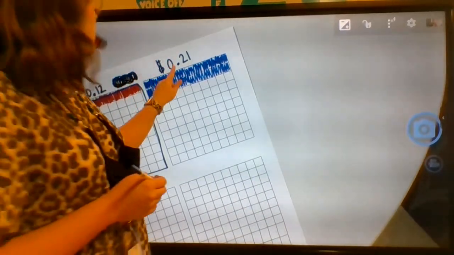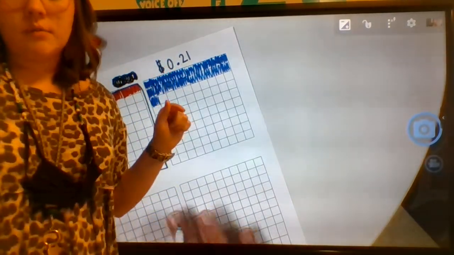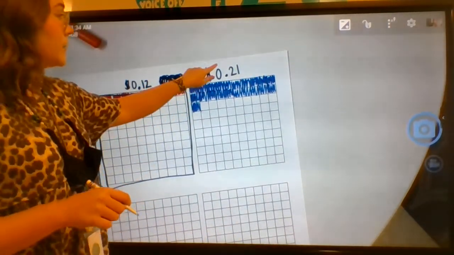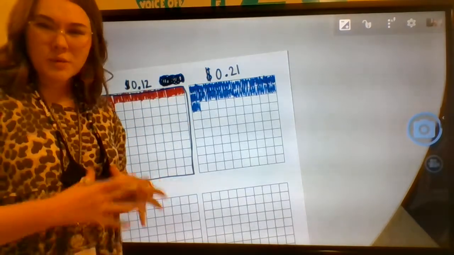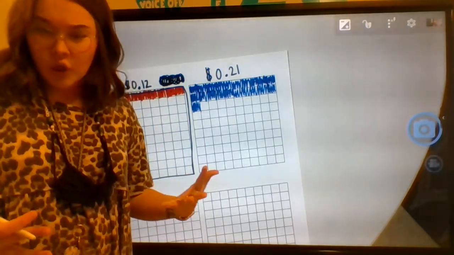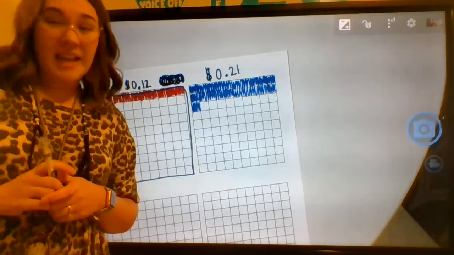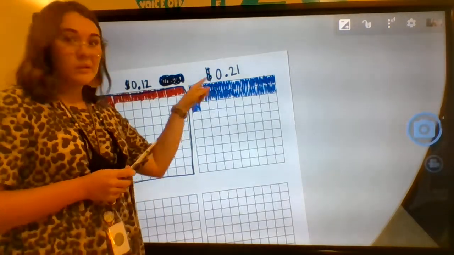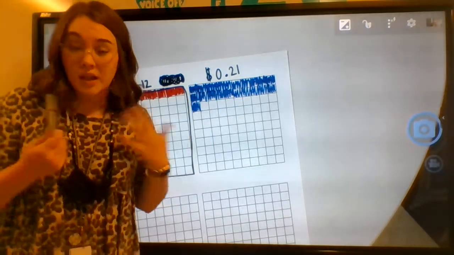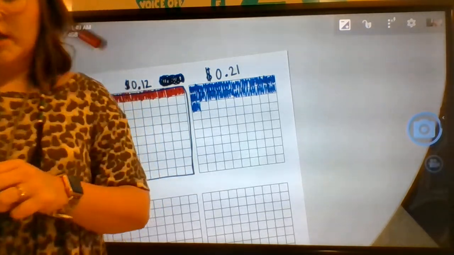Because when you get to this side of the decimal, that is where we get into our wholes. That's where we get into our dollars. If I owe someone 21 cents and I accidentally give them $21, I'm going to be out a lot of money. So let's try another one.